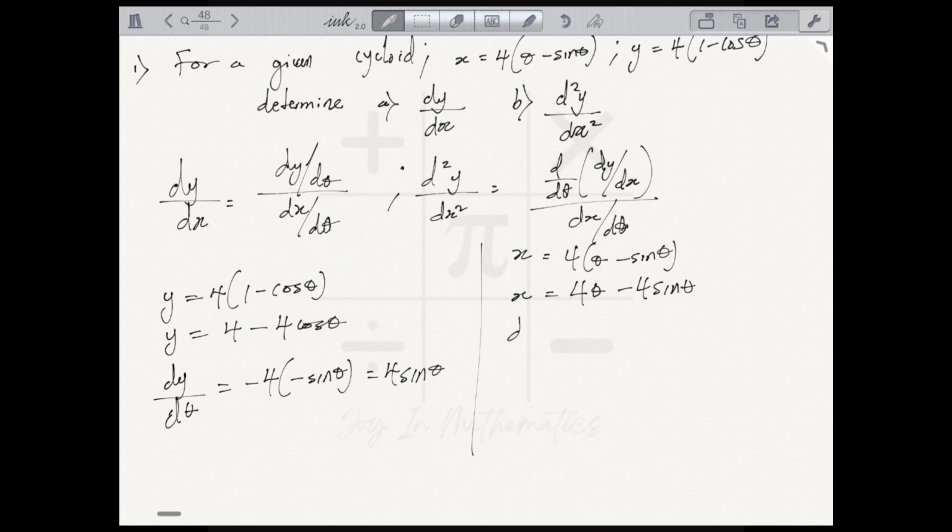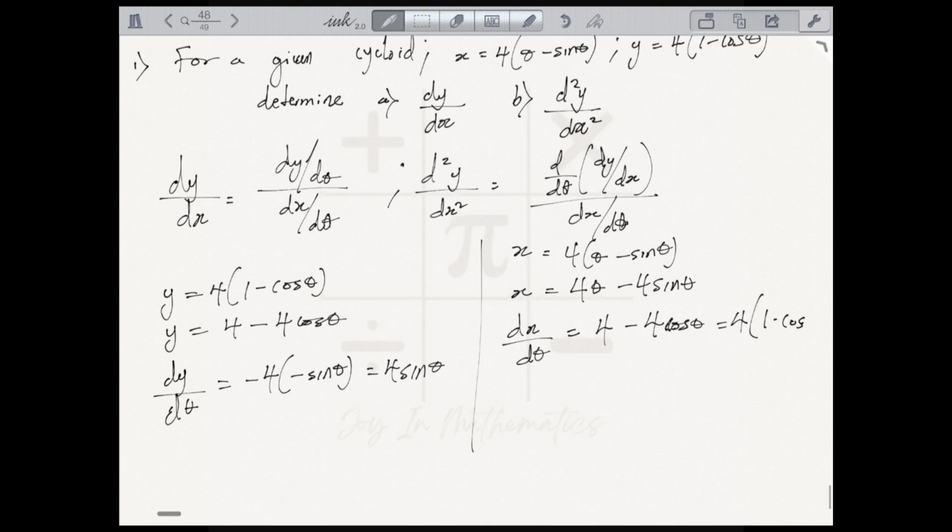So our dx/d theta therefore will be 4 minus 4 cos theta, because when we differentiate the sine function, we have positive cosine. So this can be simplified further as 4 into (1 minus cos theta).